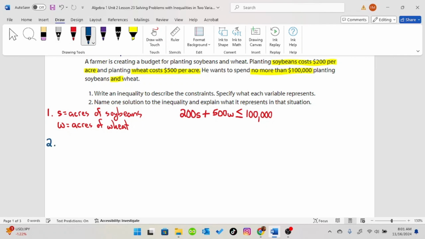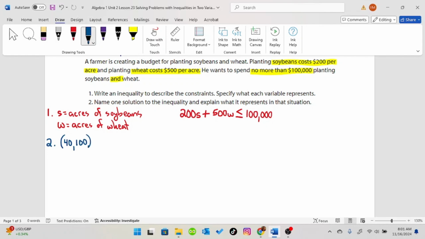For number 2, they want us to name one solution to the inequality and explain what it represents in that situation. So you could come up with any solution as long as it made the inequality true. I will use the solution 40, 100.